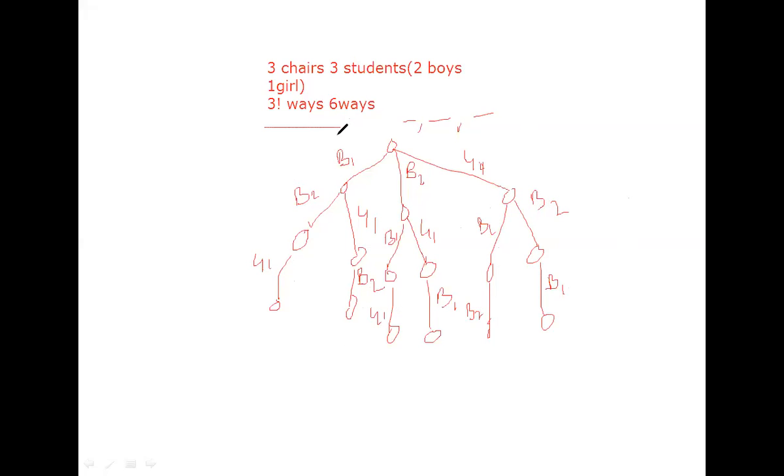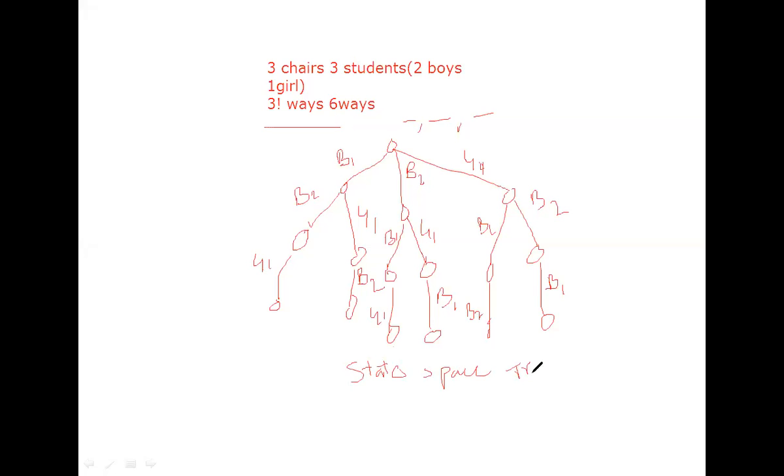That is 3 factorial. So by using the backtracking method, we consider this. This we call a state space tree.